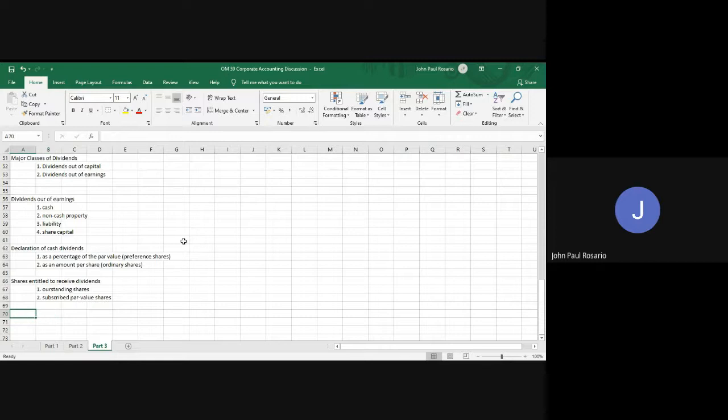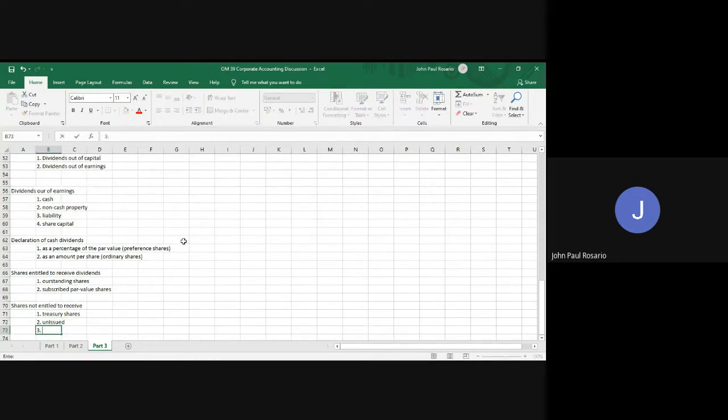Okay? So, kung kinsa man ang shares not entitled to receive. So that includes our treasury shares. Wala pa ilabot ang ato ang malamang ang issue wala siya labot, di ba?